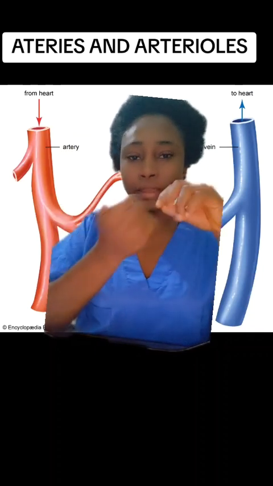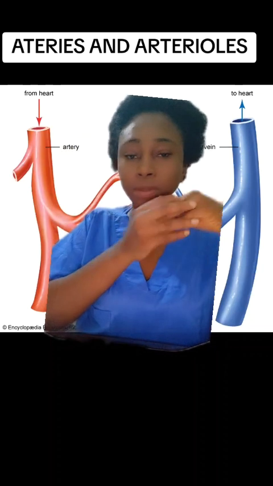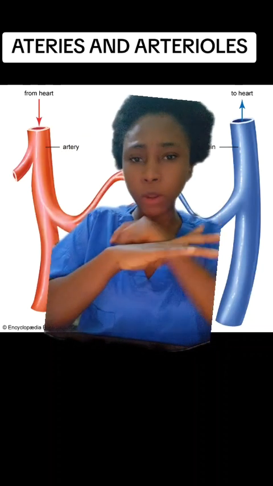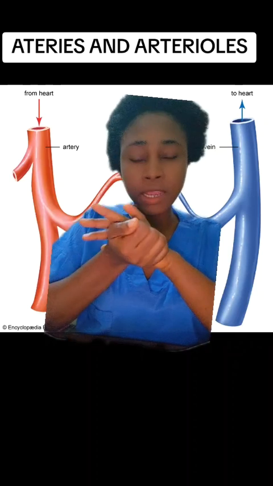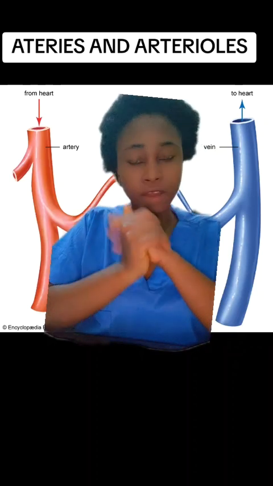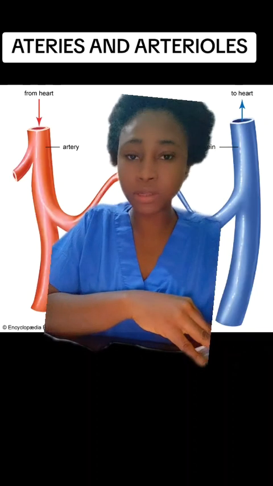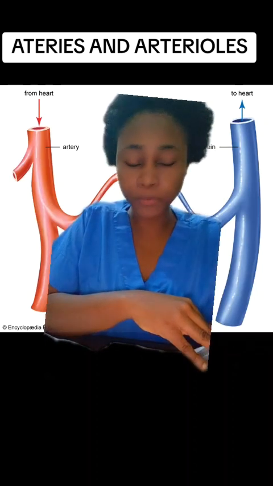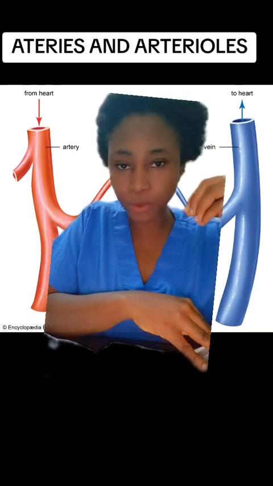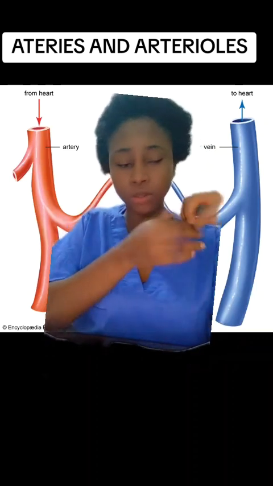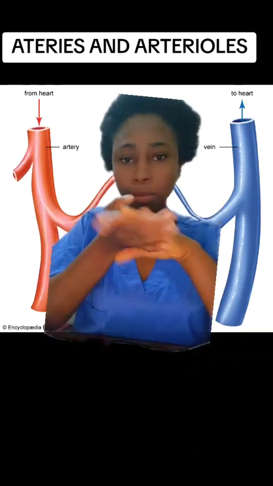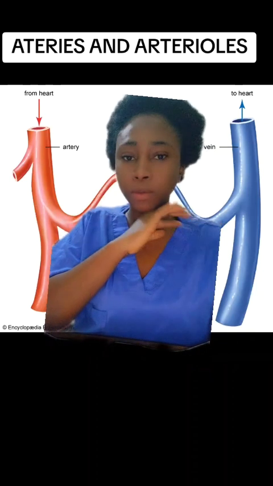So the blood in the artery is mostly positive. Have you ever cut an artery? Yes, if you have experienced this, you will know that the blood is mostly positive due to the pressure, and it is very, very hard to staunch due to the pressure that is coming from the artery.